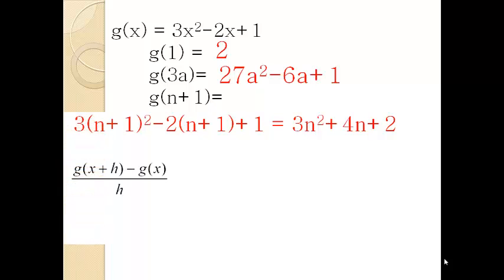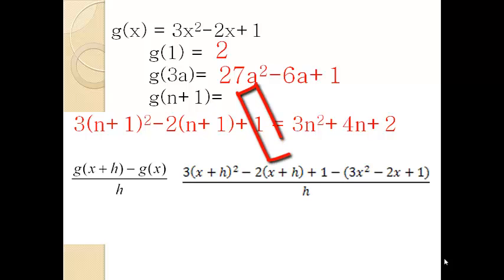That leads us into another example. Okay, so for this one, I'll give you this as an example, and then you can do another one on your own. g of x plus h minus the original function g of x, all of that divided by h. So I'm going to plug x plus h in for all the x's. The first 3 terms represent the g of x plus h, then I had to subtract the original function.